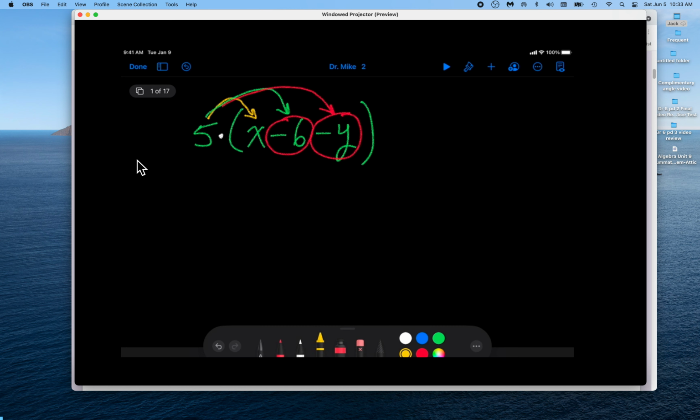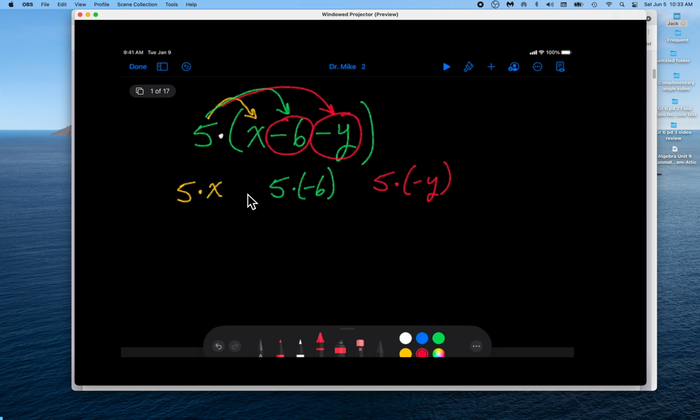The yellow arrow becomes 5 times x. The green arrow becomes 5 times negative 6. And the red arrow becomes 5 times negative y.